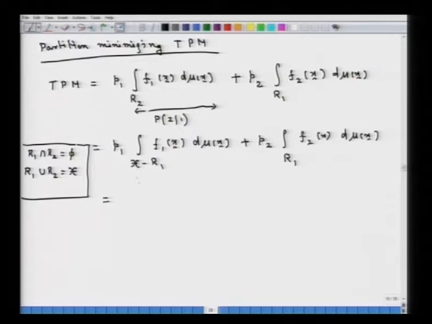Now, this would be equal to the integral over the script X region minus the integral over this R1 region.